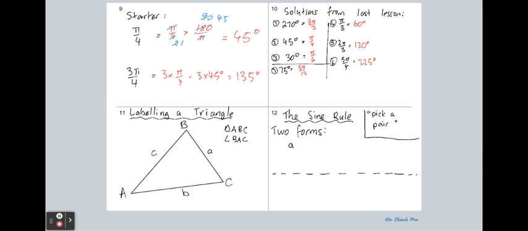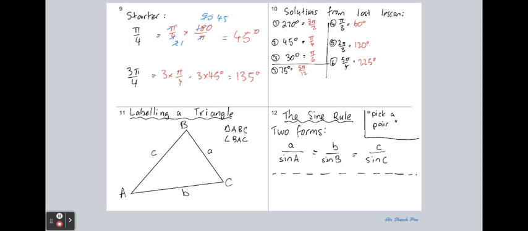We have the side length a divided by the sine of the angle opposite, so big A. That ratio, a over sine A, is the same value, that's what equals means, as b over sine B, which is the same value as c over sine C. Why? You have to watch the video to find out.